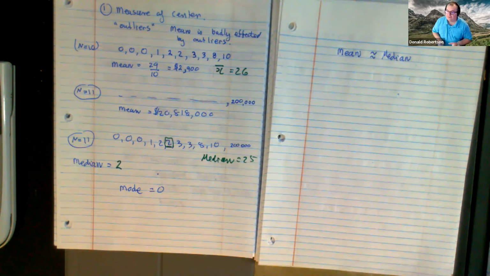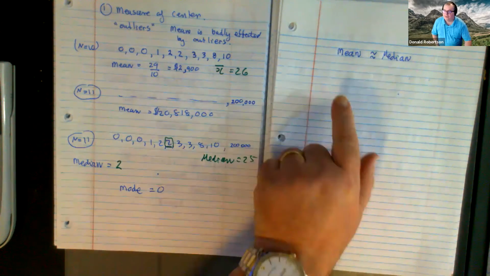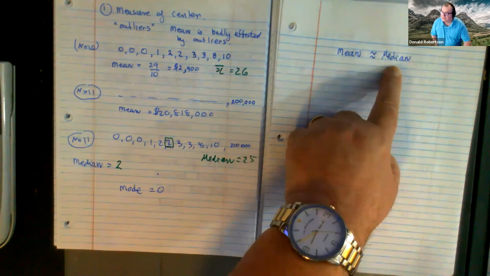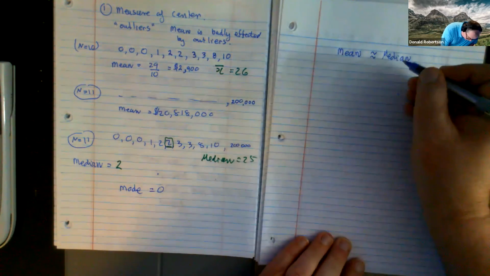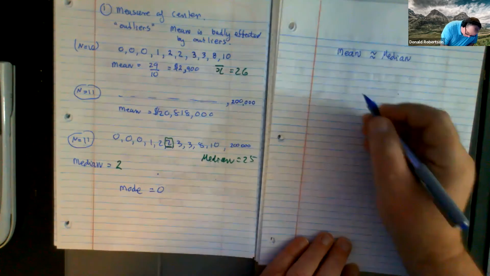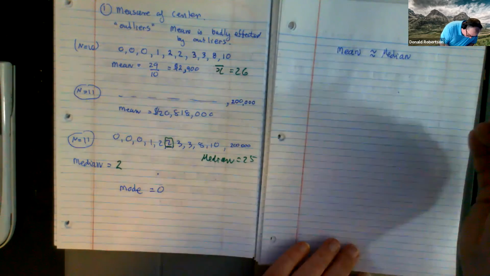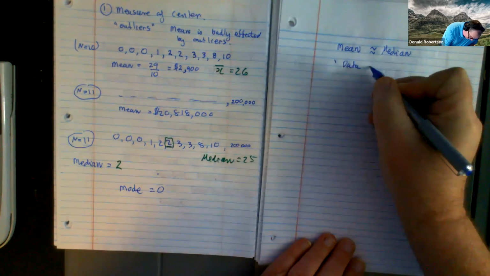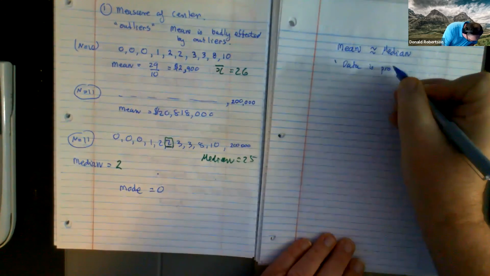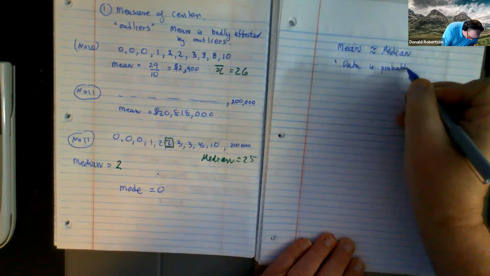Can you not assume then that there are no outliers? Because if there was an outlier, there's a good chance that this would get distorted and be quite different from that, right? Secondly, because they are both the same, you can make an assumption that a lot of the time is correct, and that is that the data is probably, not guaranteed, but probably symmetric.